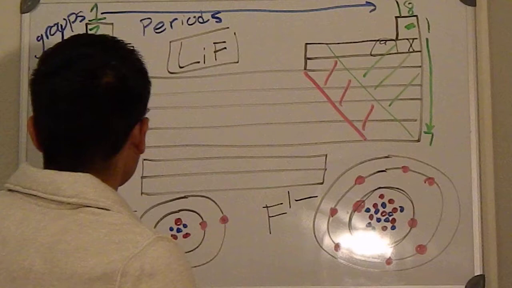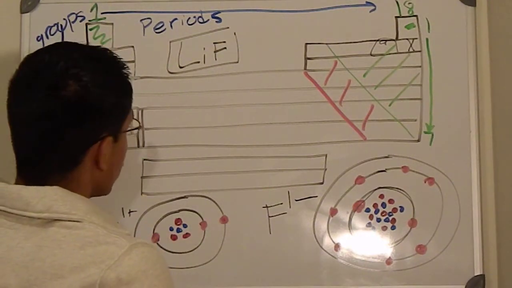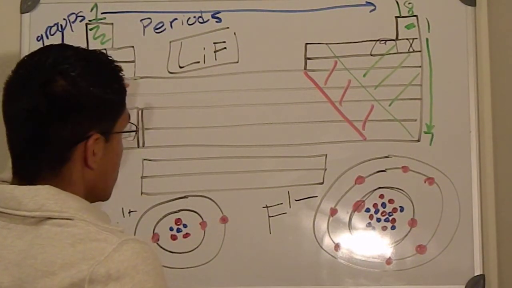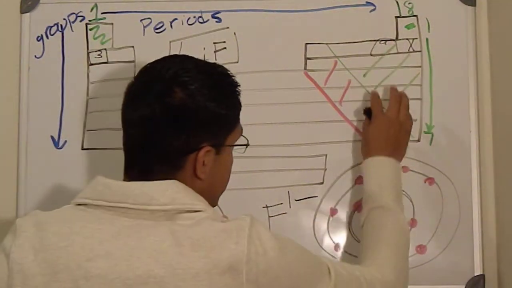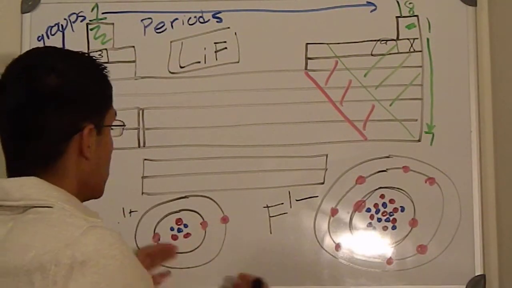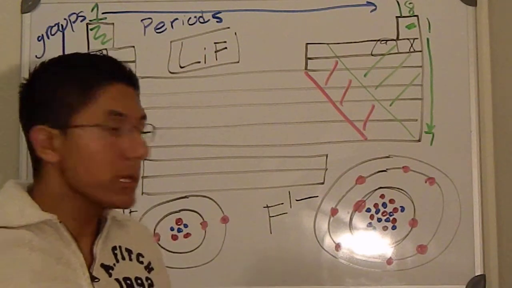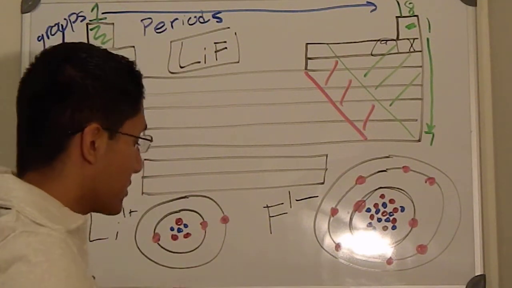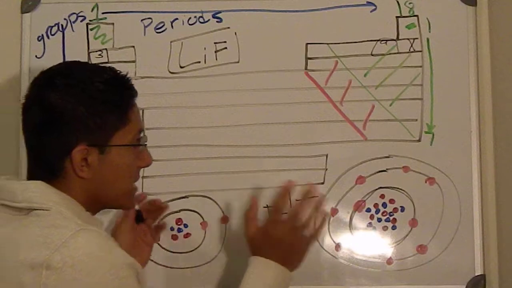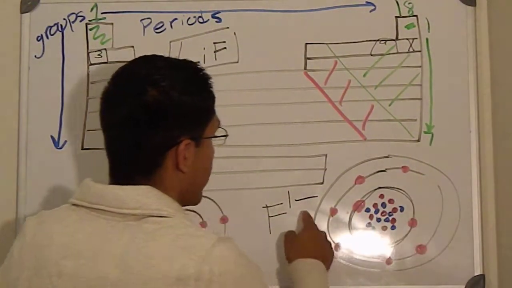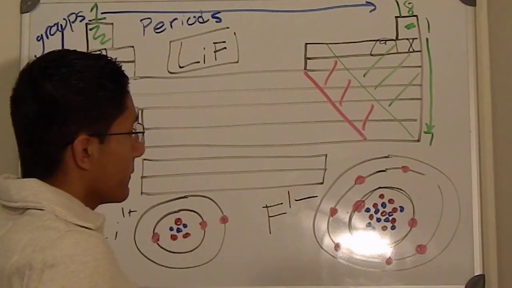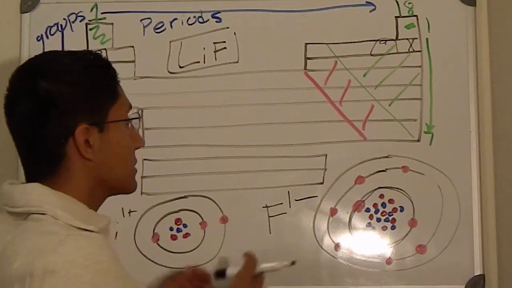And depending on how many electrons it has to lose and how many electrons it has to gain, you should be able to know in what combinations they combine. Okay, so for example's sake, let's say that fluorine wants to lose 2.